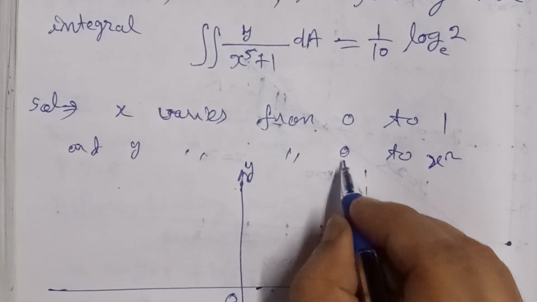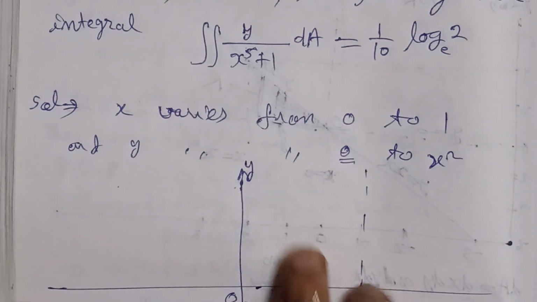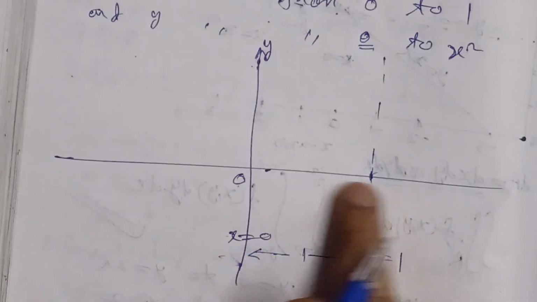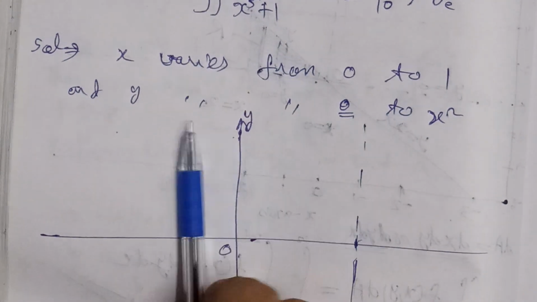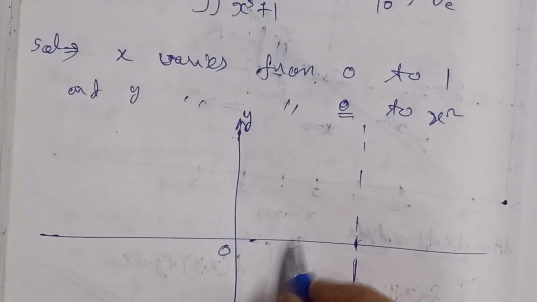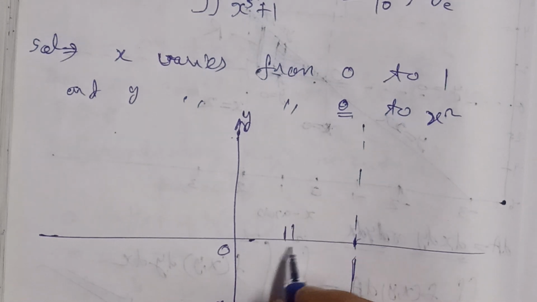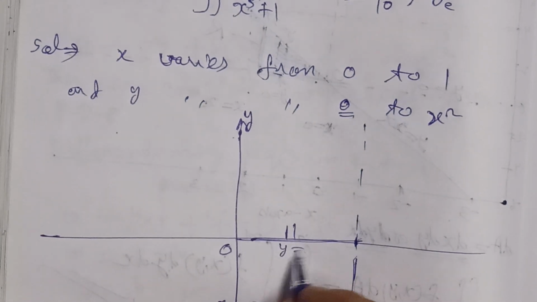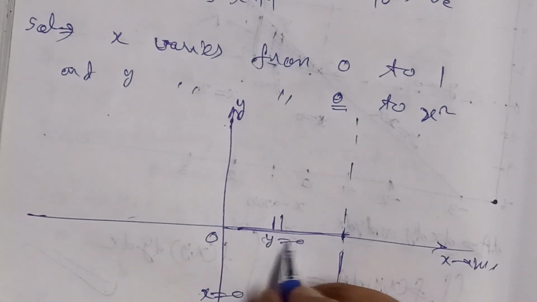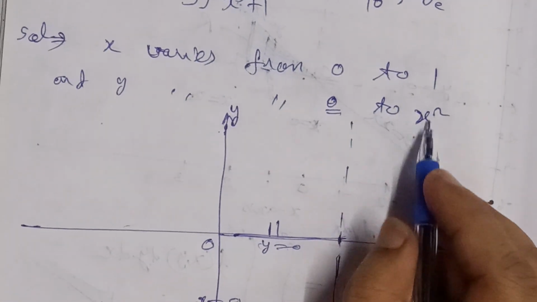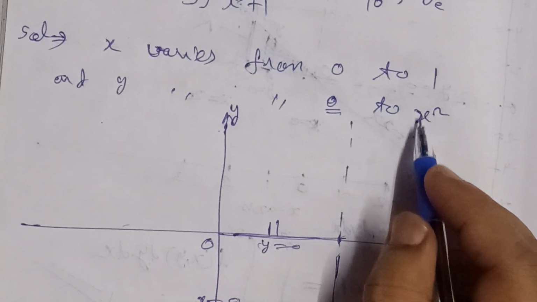Our strip will start from y equal to 0, the x-axis, because it lies between this. The equation of the x-axis is y equal to 0, and the other limit is y equal to x square.